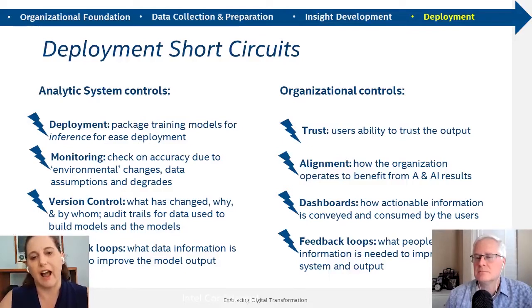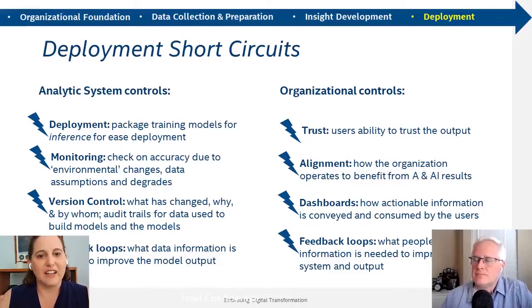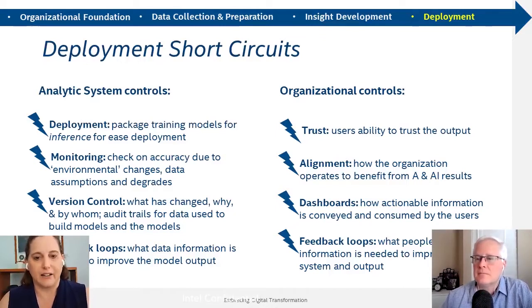You're looking at how to check for accuracy of that data. Have any of the environmental changes occurred? Is the quality of the data changed for some reason? Maybe you've just hooked up a new machine that hasn't been calibrated properly, so now that's potentially giving you wrong information, and the model can't handle that.